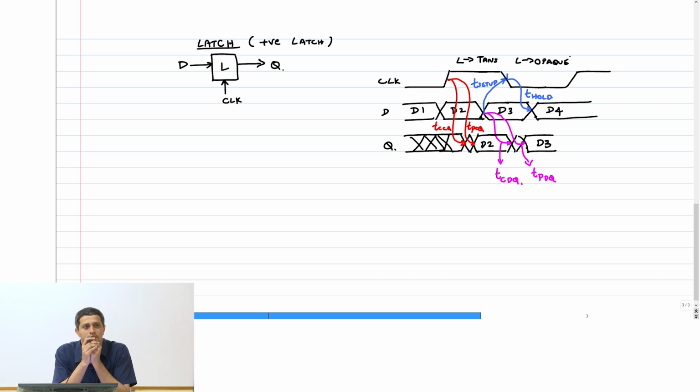Right? And the change in D4 therefore is lost. And after you come here, now again the latch becomes transparent. D4 is now still held. Therefore, at this edge, you will have a change causing D4 to eventually appear.